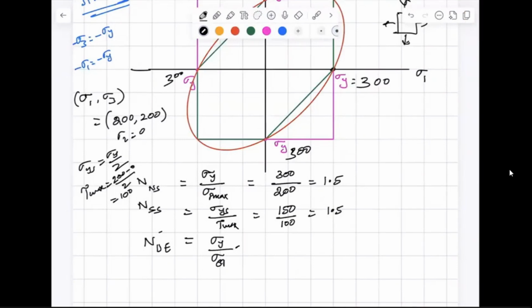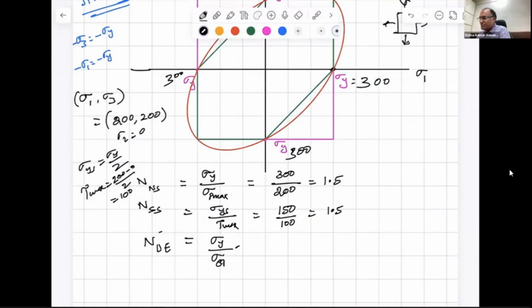So square root of 200 square plus 0 plus 200 square, minus 0, minus 0, minus 200 square. Because sigma 2 is 0, these terms are 0, and 200 square minus 200 square goes away. Root 200 square will be 200. So sigma equivalent is 200.